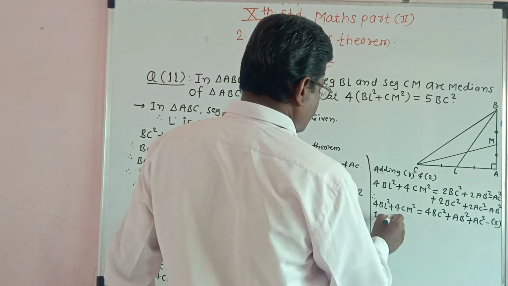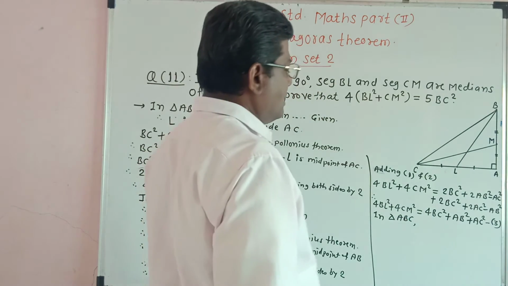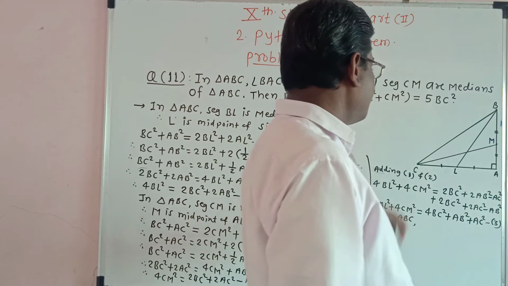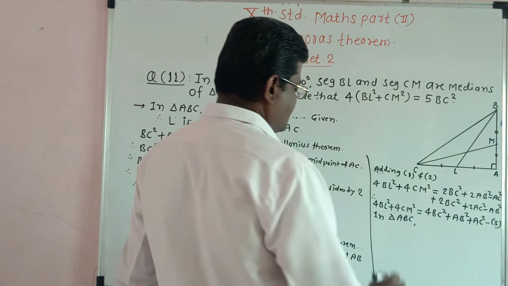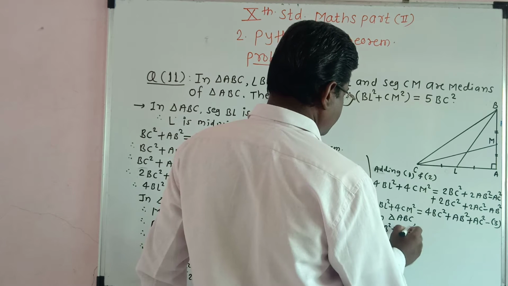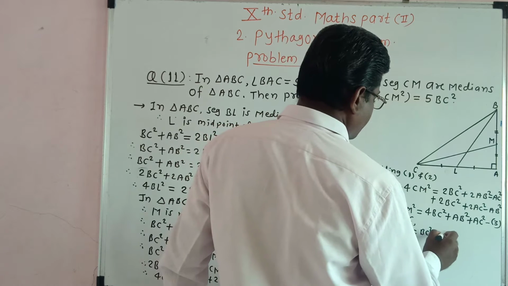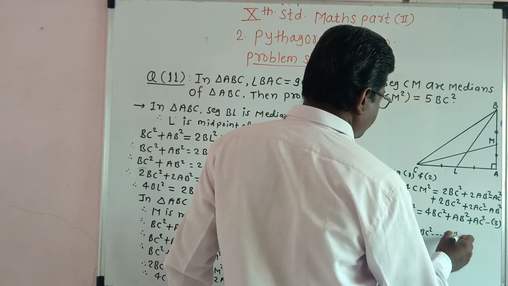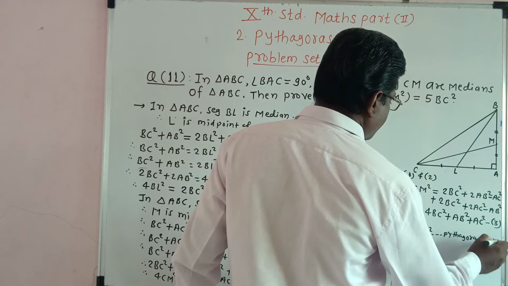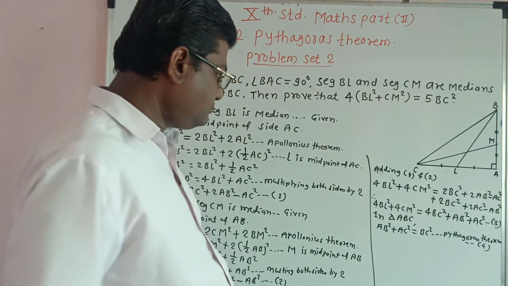Now in triangle ABC, AB square plus AC square is equal to BC square, Pythagoras theorem. This is equation number 4.